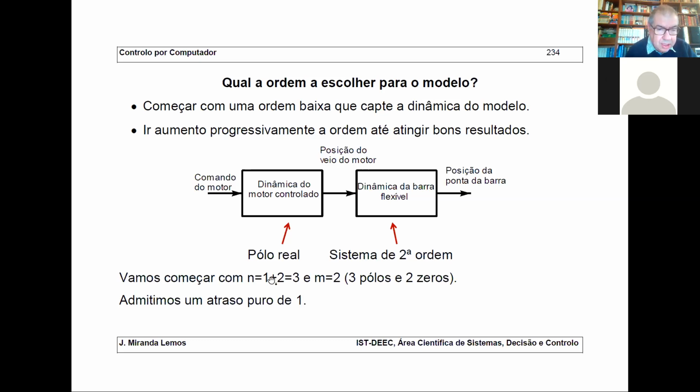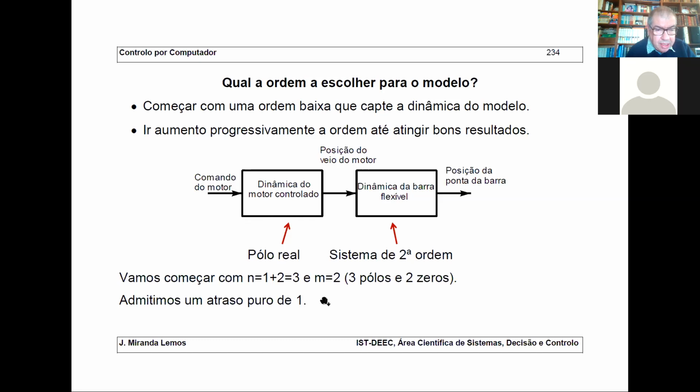So let's suppose that we have this is a real pole. Let's approximate the controlled motor by a real pole, and let's approximate the first mode of the bar.